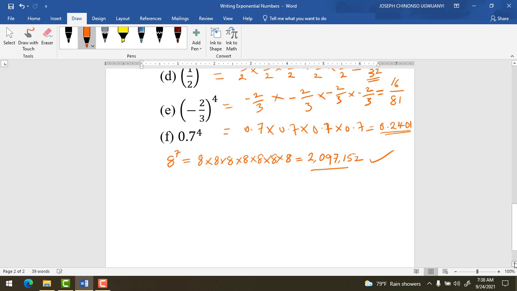What if we have minus 4 exponent 4? Can we do it? Let's try. We have minus, in bracket, 4 times 4 times 4 times 4. This gives us what? Minus, because this minus is outside.